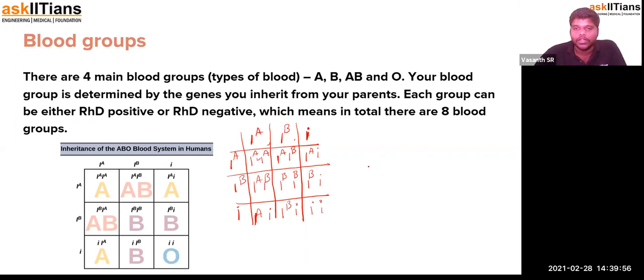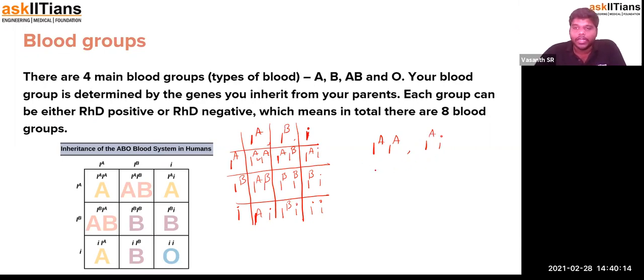So how many A's do we have? We have two types of A: homozygous A and heterozygous A, because A and B are both dominant in nature.